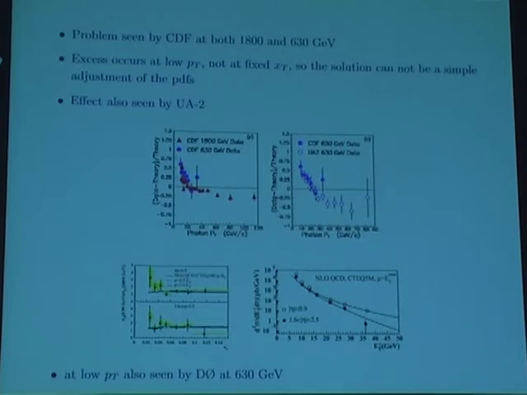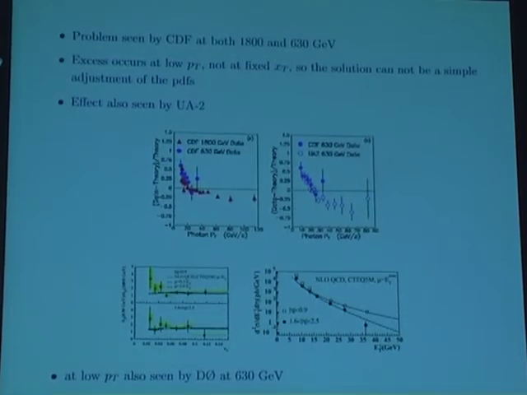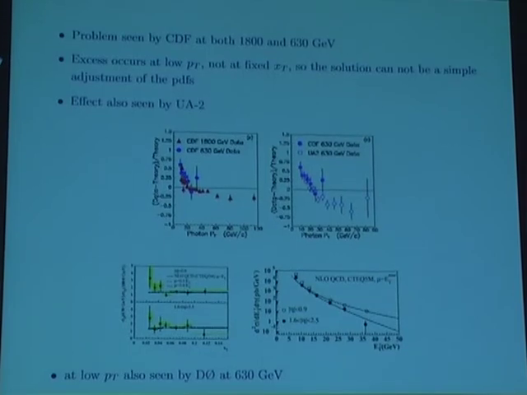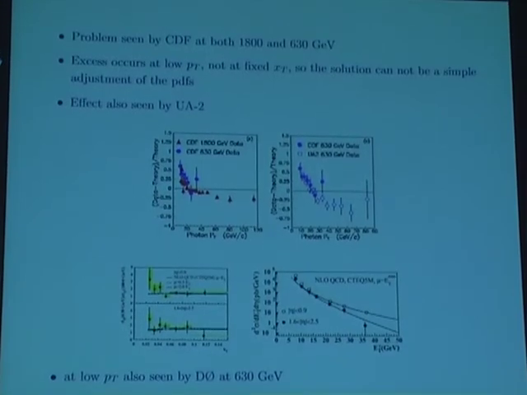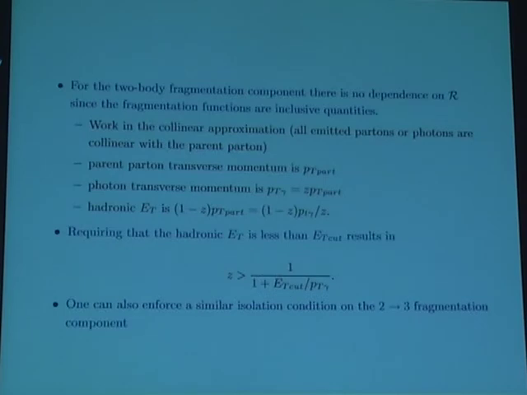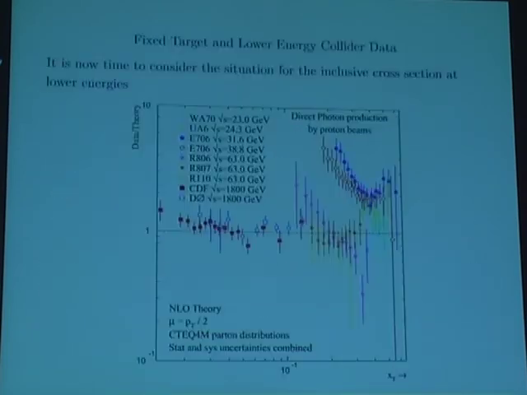So this excess cannot be explained even if you were to totally remove the isolation cuts. So the fact that we're dealing with isolated photons at the collider energies is not the answer to what's going on. So here's that plot I showed you at the beginning of the talk.